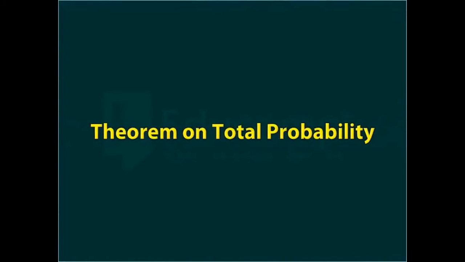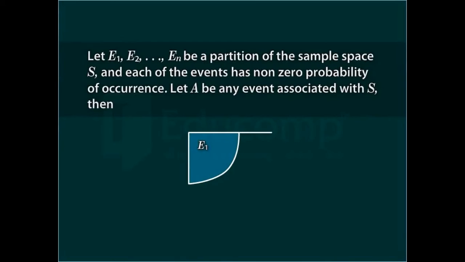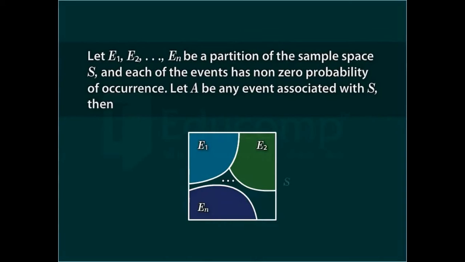Theorem on total probability. Let E1, E2 up to En be a partition of the sample space S, and each of the events has non-zero probability of occurrence.